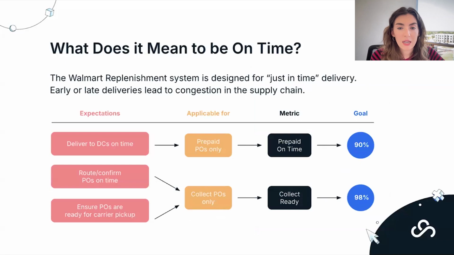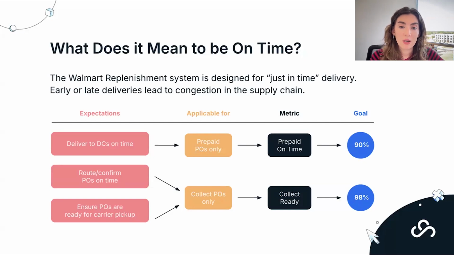All right, and if this is completely new to you, and you don't know what these metrics are, we have a lot of resources on this, and I'll touch on this briefly. Again, we have webinars, ebooks, and articles on time and in full and what it means at Walmart, how you can navigate that, how you can avoid fines, and how you can end up disputing them and getting those won back.